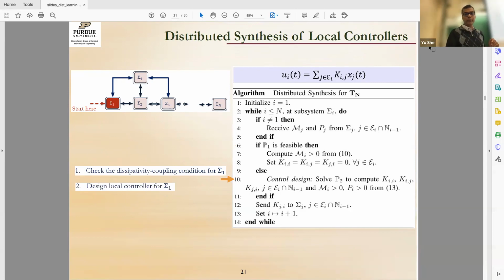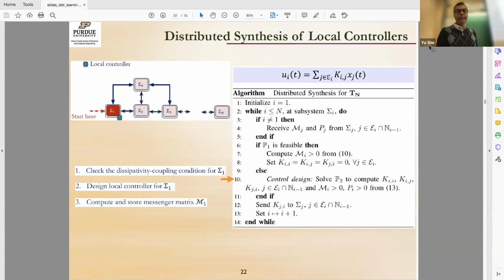So we check the local condition. If that is not dissipative, we can design a local controller to make it dissipative. That's still a local linear matrix inequality. Then what we need to do is compute this matrix μIC, which says for the next system that is coming, this is the amount of energy that I'll be storing in the coupling.